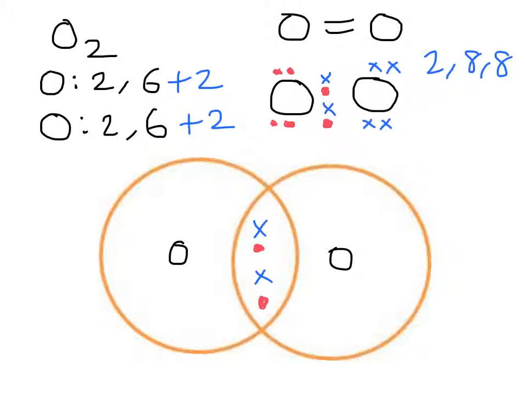So the electrons from the oxygen on the left are shown here with crosses, so that means I've got 4 more to show for the outer shell. So I'm going to show that here. Okay, and then for the other oxygen atom, I'm going to show in a similar way, like so.